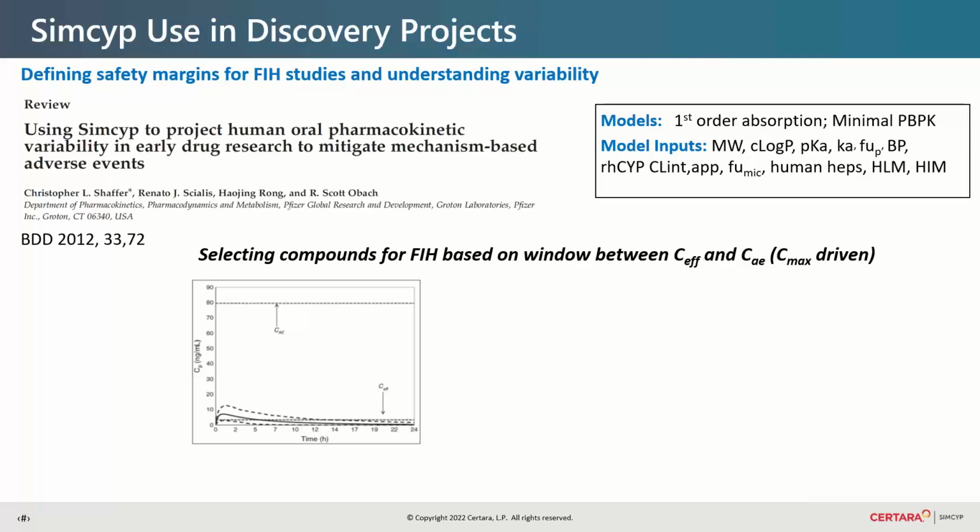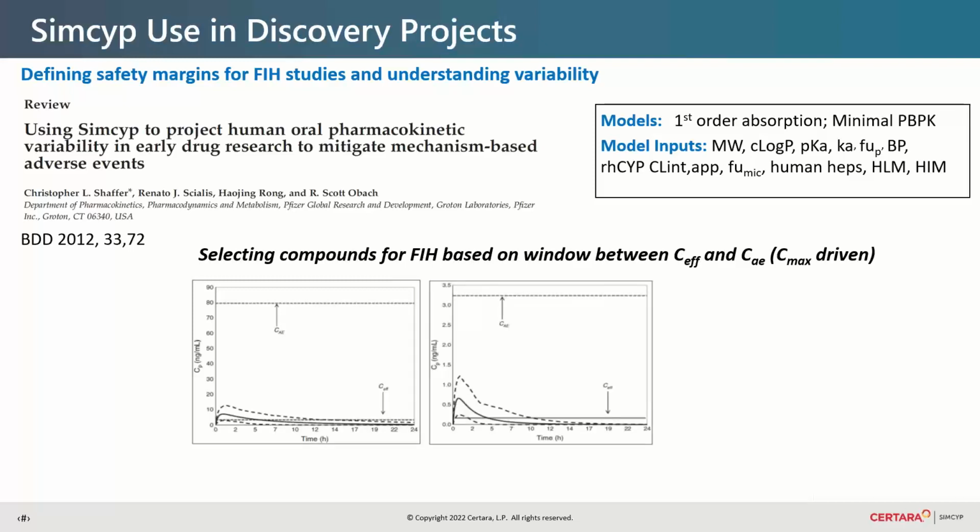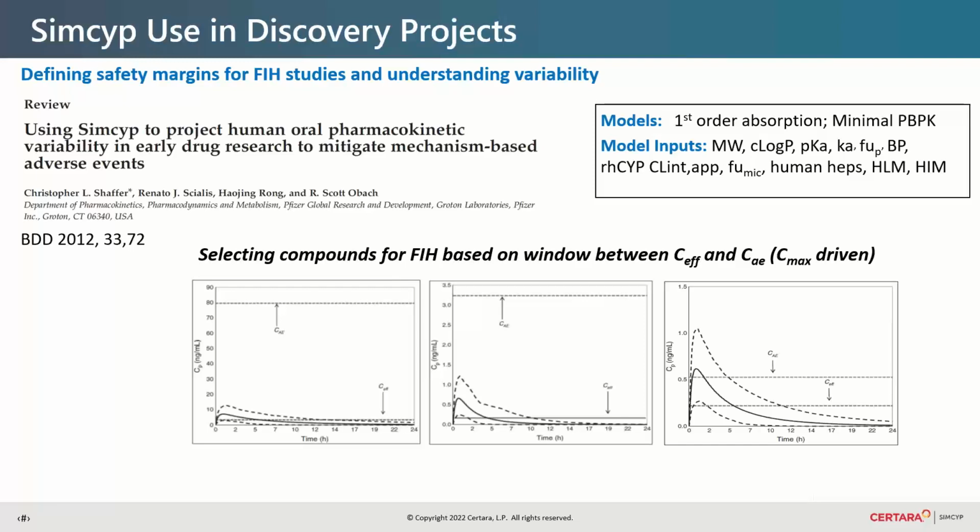And you can see that for the first compound, there's reasonable space between the maximum concentrations that would give you concentrations above where you would expect to see efficacy and where you would start to see adverse events. For the second compound, there's still a reasonable gap between the concentrations where you would see efficacy and the adverse events starting to occur.